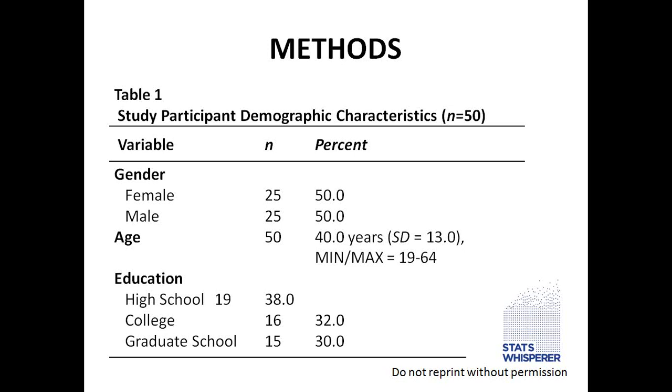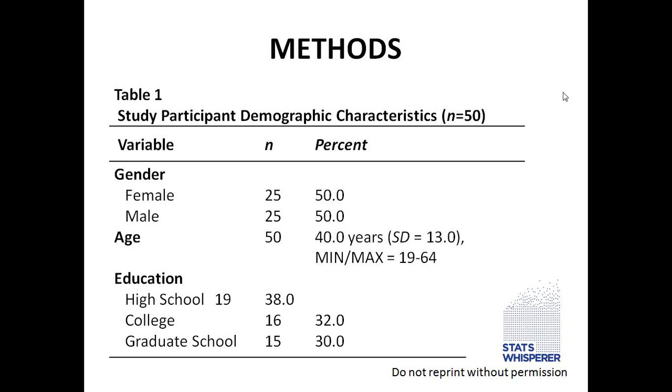We have the variable, and then the N and the percent. The N is the number of people. If it's part of the sample, it's a lowercase n. If it's the whole sample, it's an uppercase N. So in this case, the N is talking about the sections here.